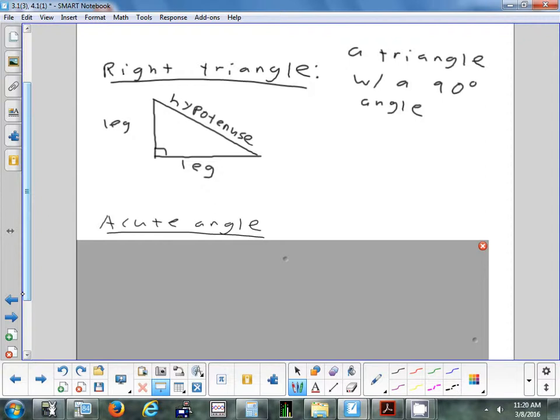Okay, what's an acute angle? Yeah. An angle less than 90. Okay, it's less than 90. And one more thing we have to say. We have to narrow it down a little bit, just more than saying less than 90. What else does it have to be?